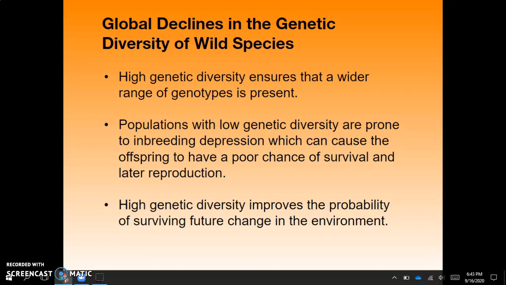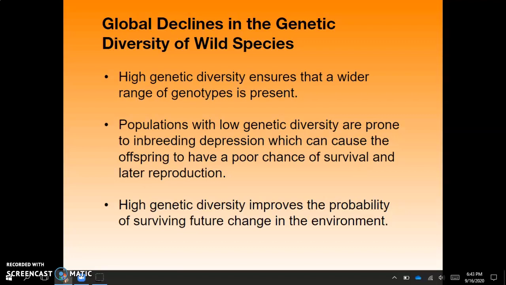So high genetic diversity ensures that a wider range of genotypes is present. So remember, having a high biodiversity is good for an ecosystem. Populations with lower genetic diversity are prone to inbreeding, which can cause the offspring to have a poor chance of survival and later reproduction.